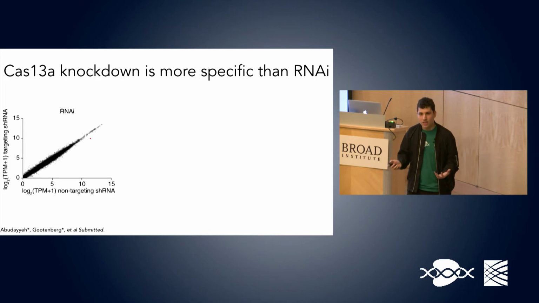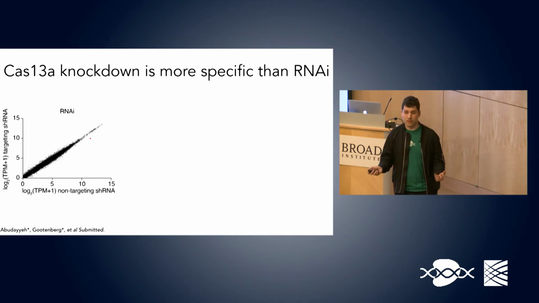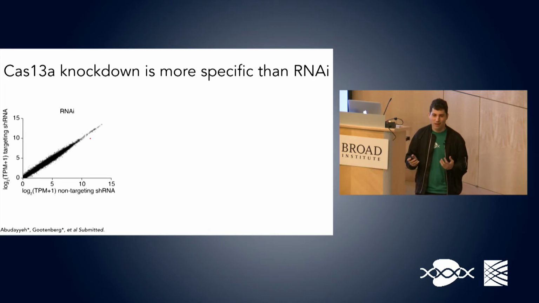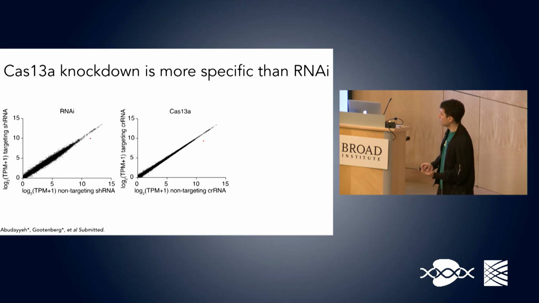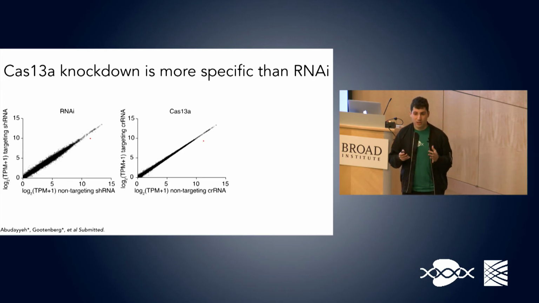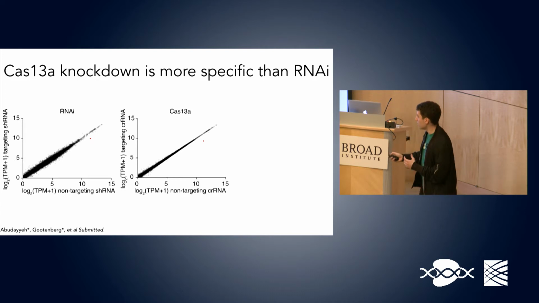That's one issue with RNAi-based screens, for example, which is that they have off-target effects, which makes them not as highly powered as, for example, a CRISPR screen. If you compare this to Cas13, you can see that Cas13 is much tighter, that you don't have these off-axis elements, and we basically get a single line.